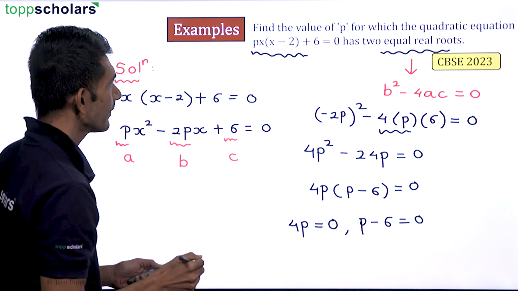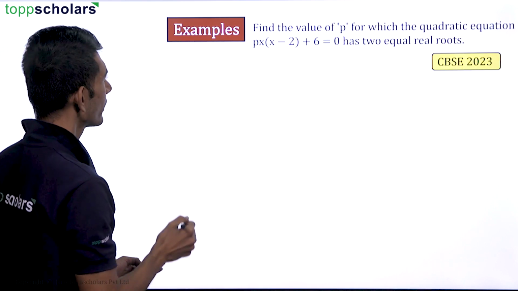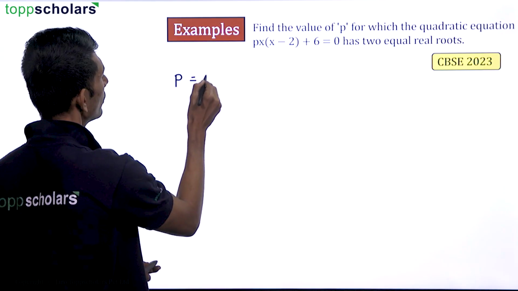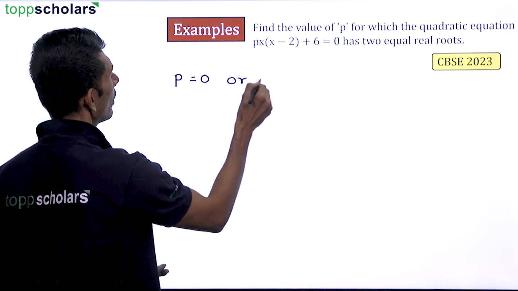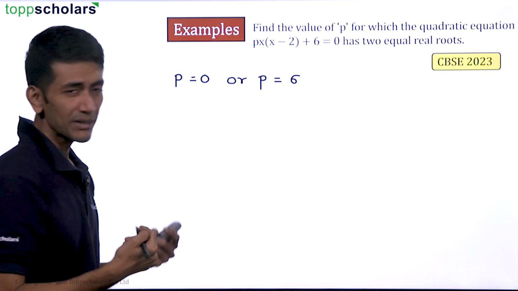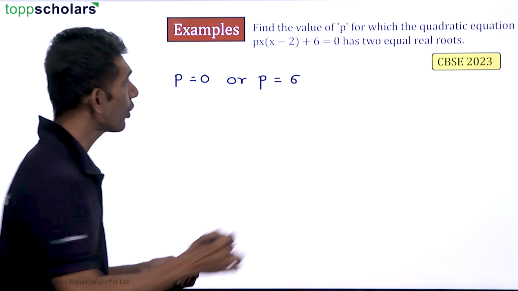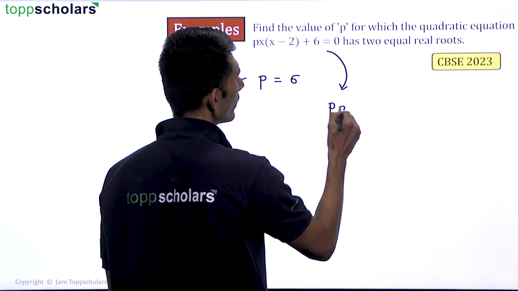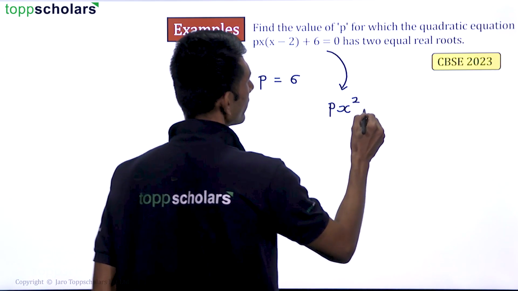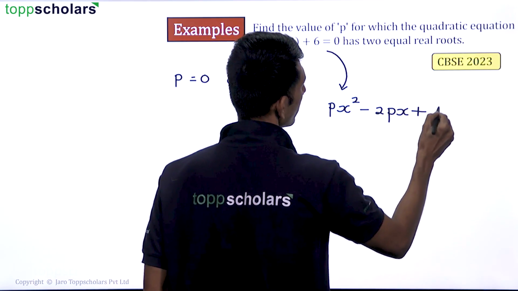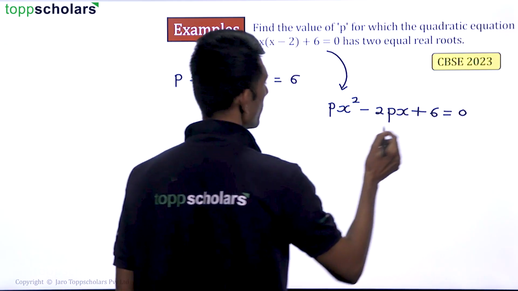So if 4p is equal to 0, I am getting p is equal to 0 or p is equal to 6. So can both the answers be correct? Maybe, maybe not. But if you see here, we have px square minus 2px plus 6 is equal to 0.